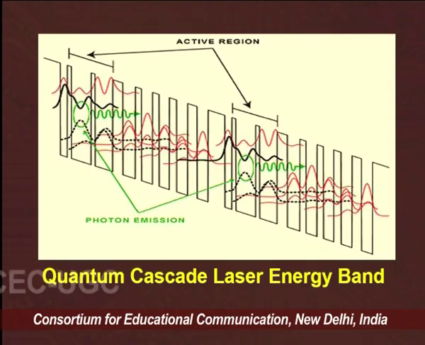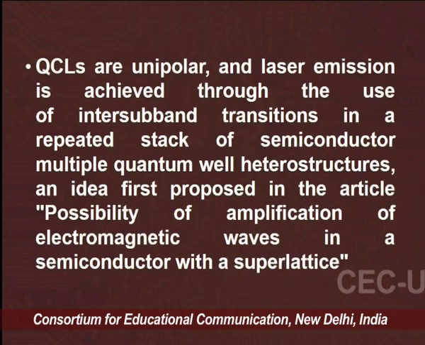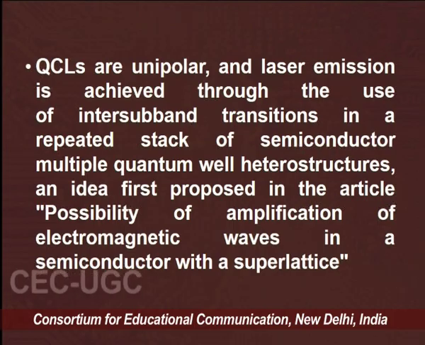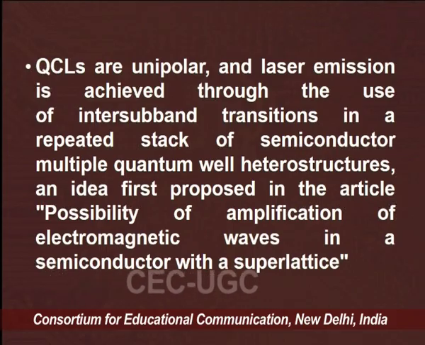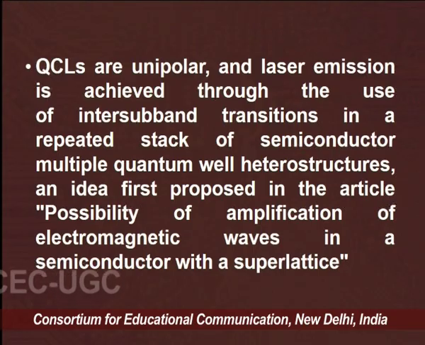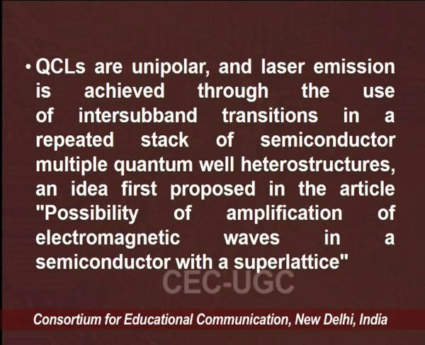You can see there are various potential wells with barriers. QCLs are unipolar, and laser emission is achieved through the use of intersubband transitions in a repeated stack of semiconductor multiple quantum well heterostructures.